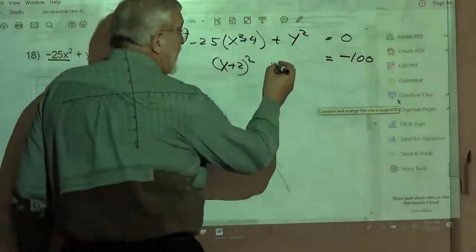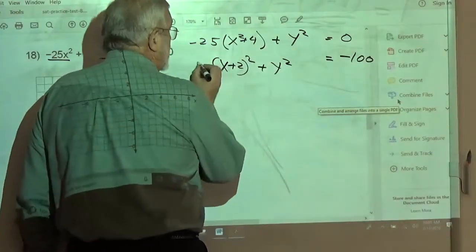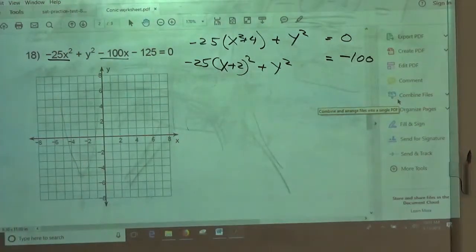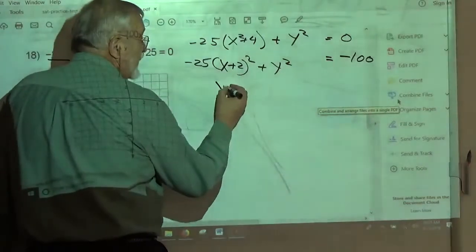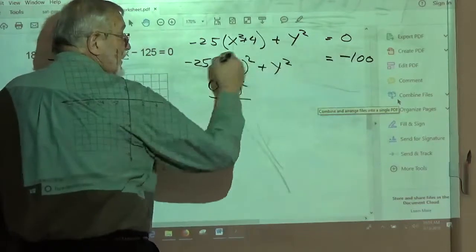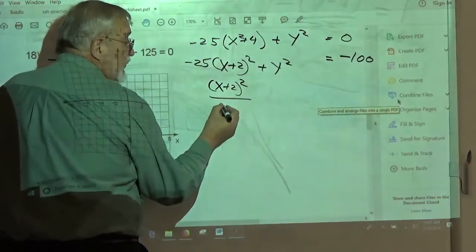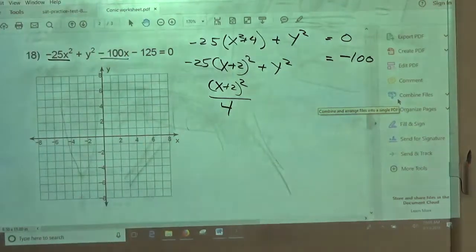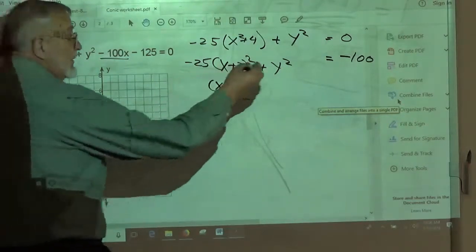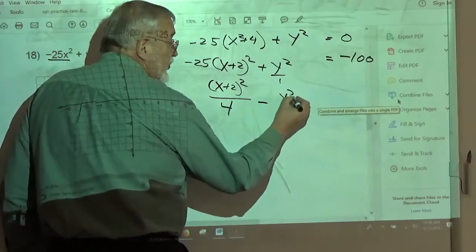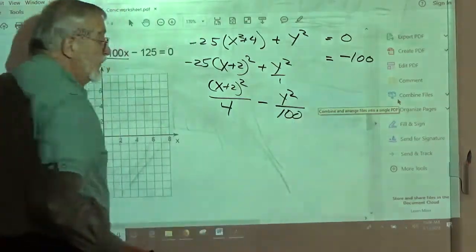And then this y squared becomes this. Now, what happens when I divide by negative 100? This becomes x plus 2 over 2, and negative 25 divided by negative 100 will be 4. Right? Now, when I divide negative by 100 into 1, I'll get minus y squared over 100.